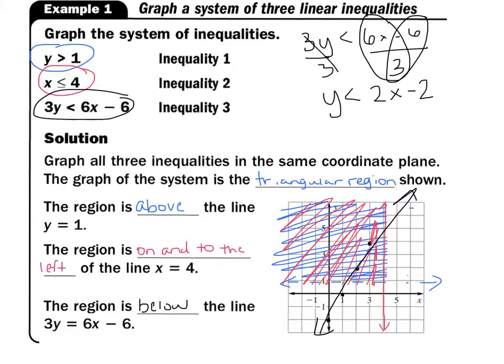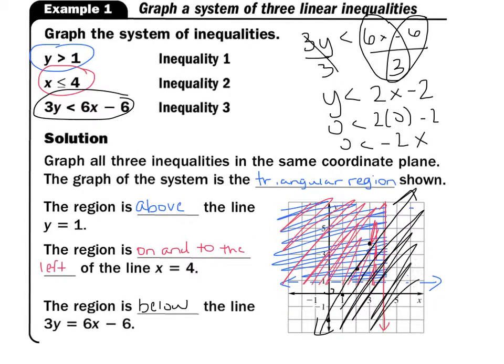If you're not sure what area to shade, you can always test a point. Like if you tested 0, 0, which is not on that line, but you tested it in the equation, you would get that 0 is less than a negative 2, and that's false. And when it's false, you shade the opposite side. So it's going to be shaded below.